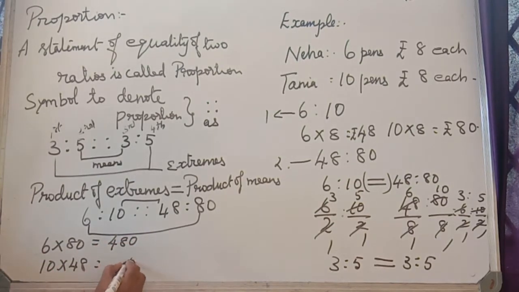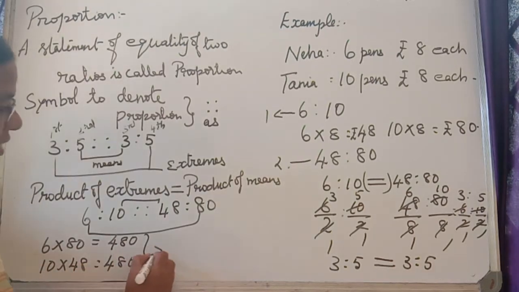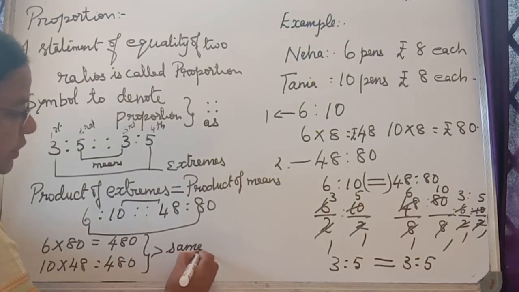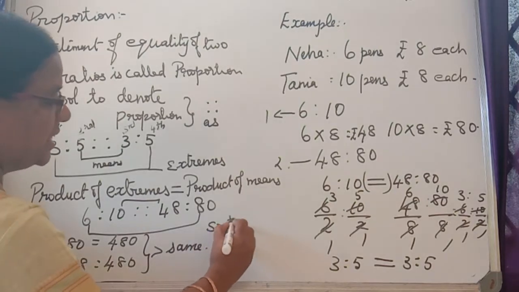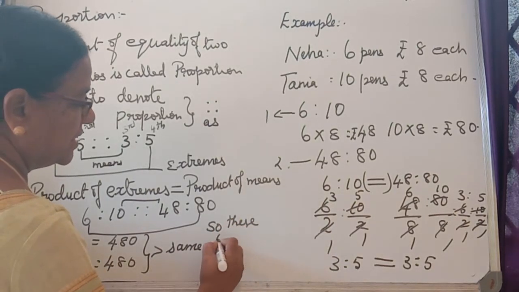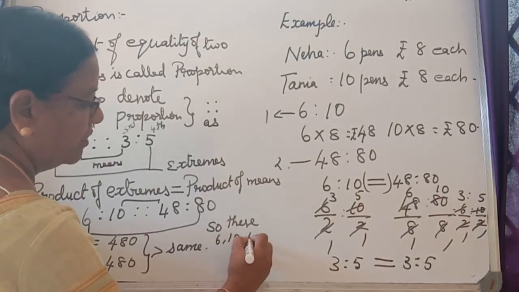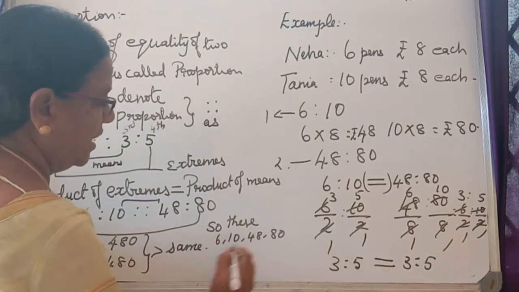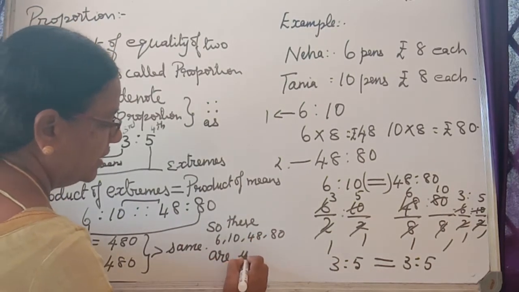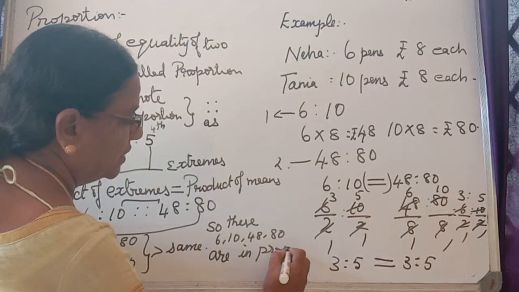Now here 0, 1 8 is 8, 1 4 is 4. The product of extremes and product of means are the same. So these 6, 10, 48, 80 are in proportion.